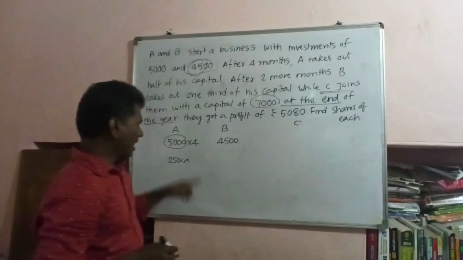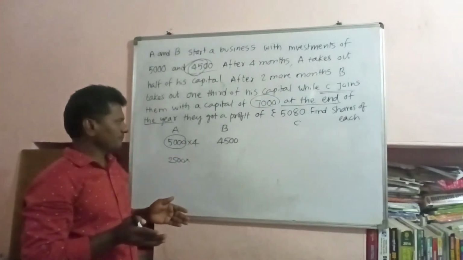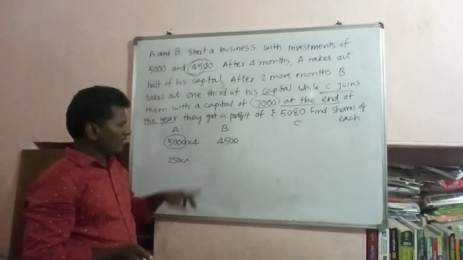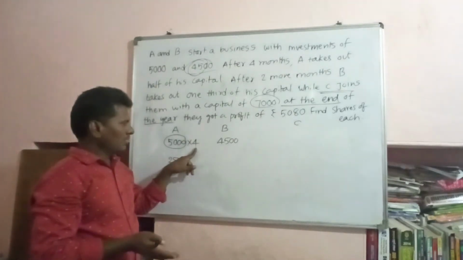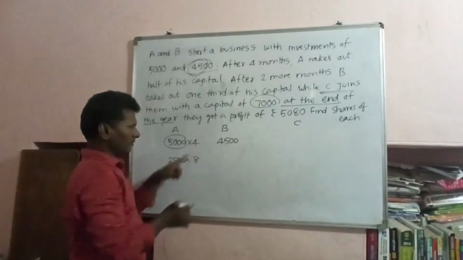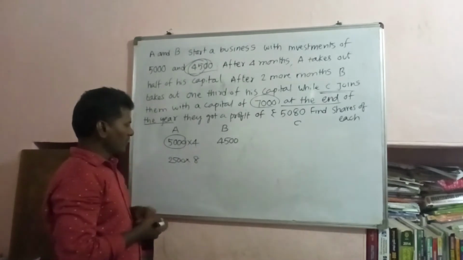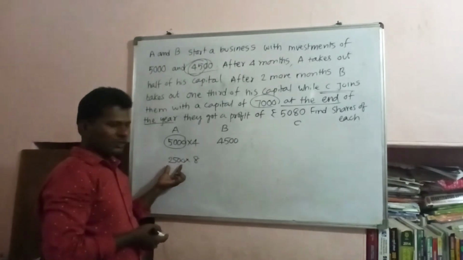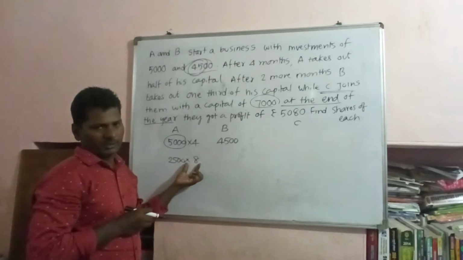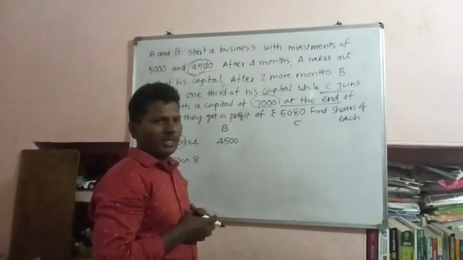In a year we have 12 months. 4 months were over, so remaining months are 8. 4 plus 8, 12 months. This 2,500 was in the business for 8 months.